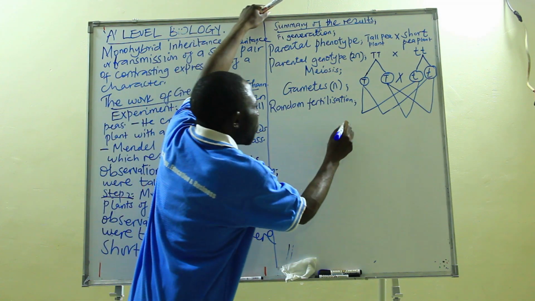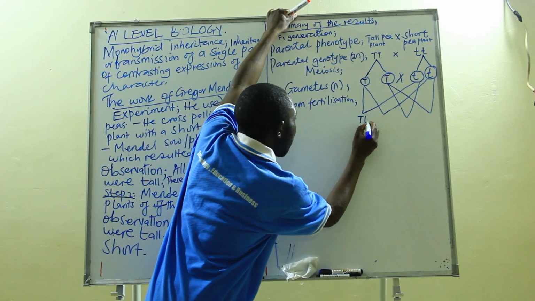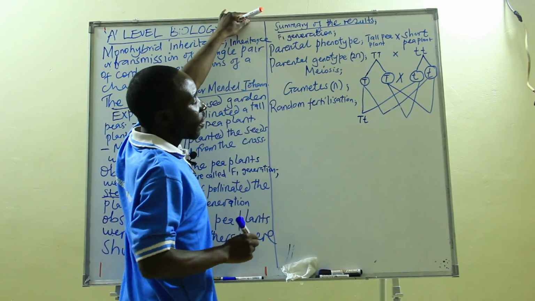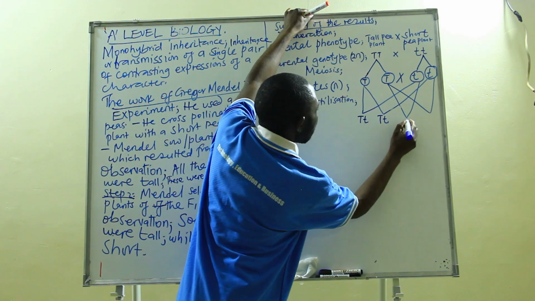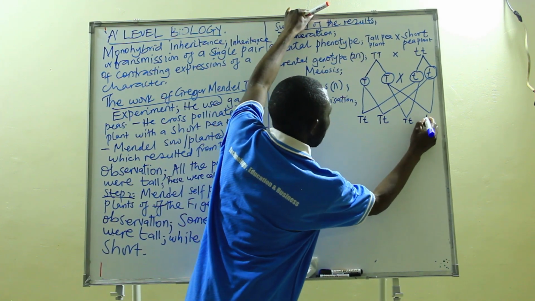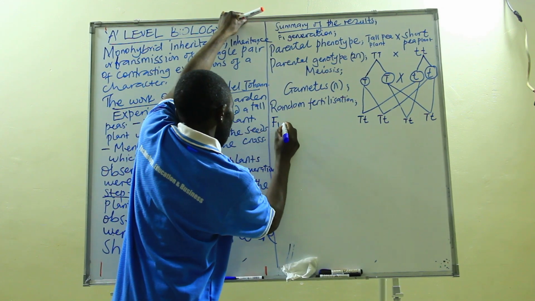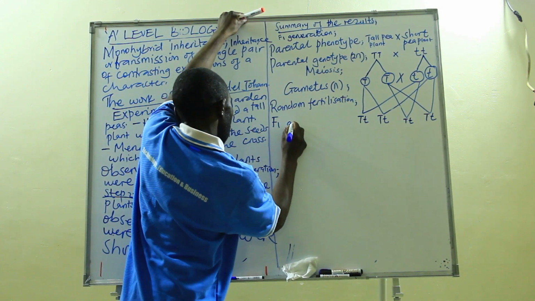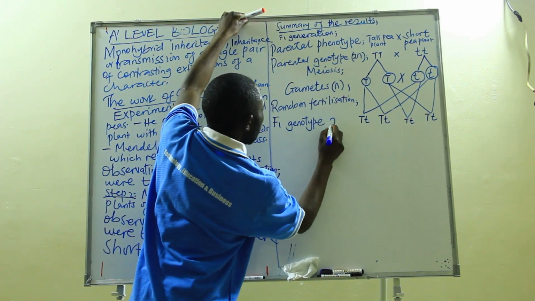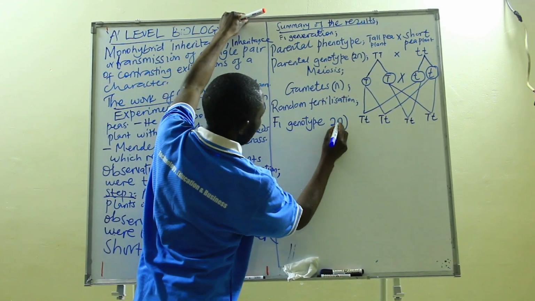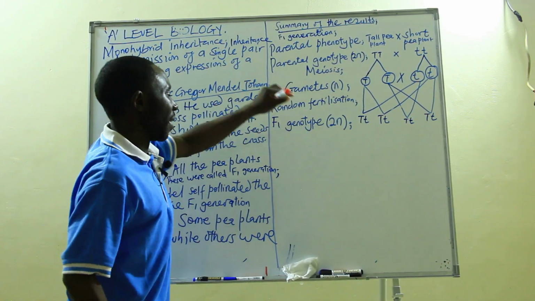So this cross, actually all of them, will give us offspring with genotype capital T small t, as shown here on the board. So this is the F1 genotype. Of course, the diploid condition has been restored, so it is 2N.